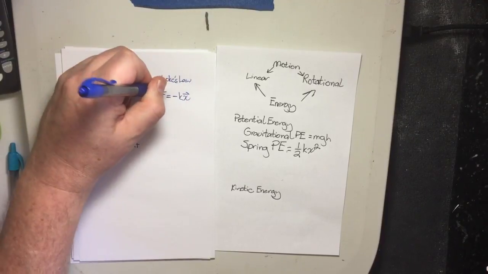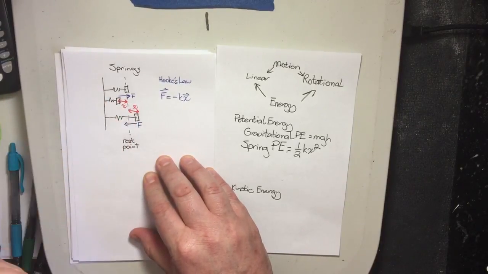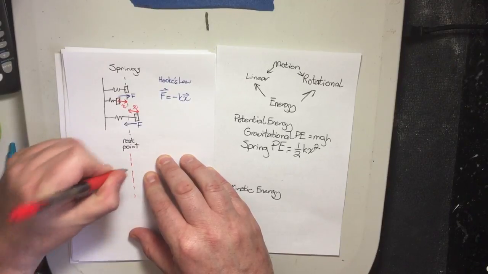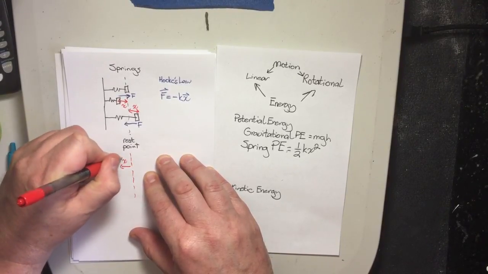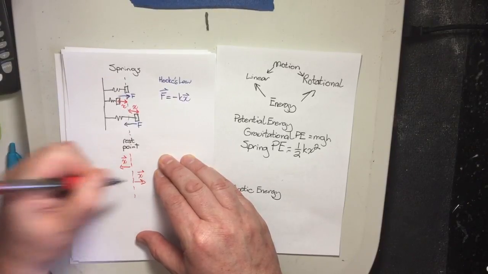Now really how it's written is the force vector is equal to the negative of k times the x vector, where x is the displacement. So really, if I was going to write x as a vector, it would point either this way or that way.